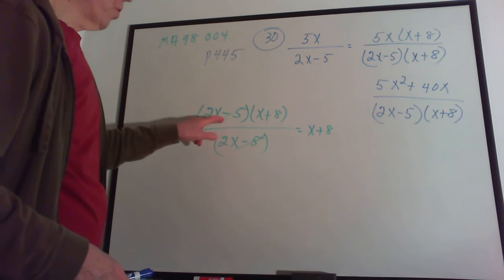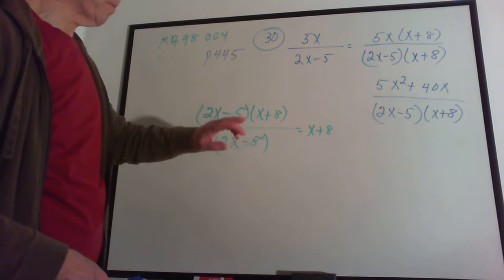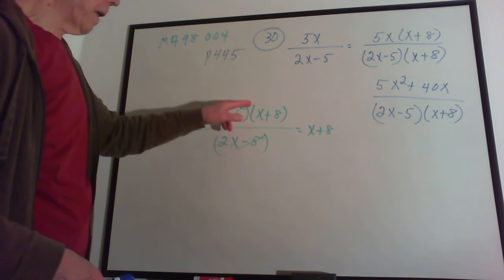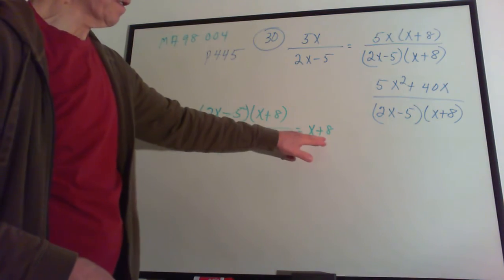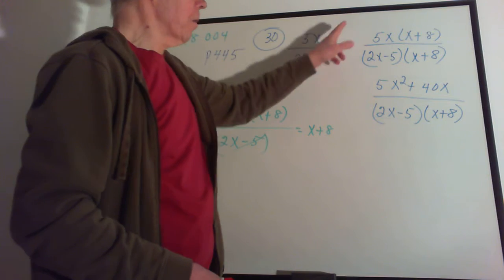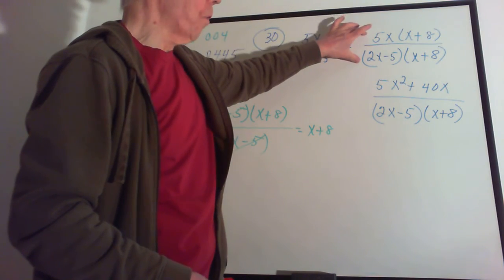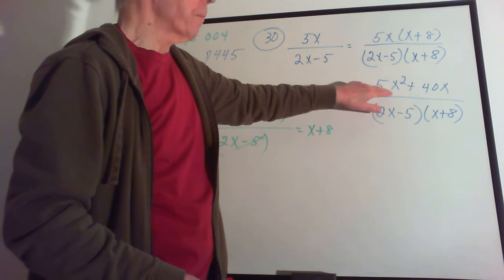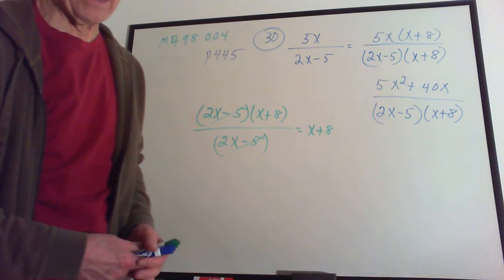All right, so divide the 2x minus 5, parentheses, x plus 8 by 2x minus 5. The 2x minus 5's cancel. I'm left with x plus 8. So I'm going to multiply 5x by x plus 8. You can either leave it in this format or you can multiply it out. Get 5x squared plus 40x over the new denominator.